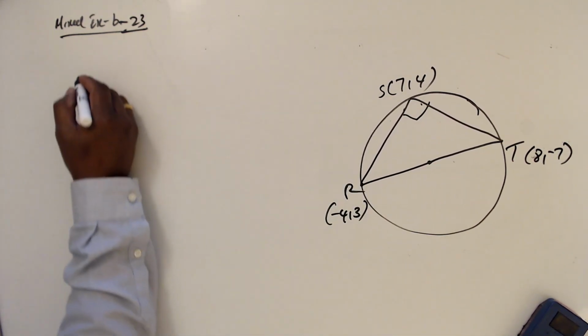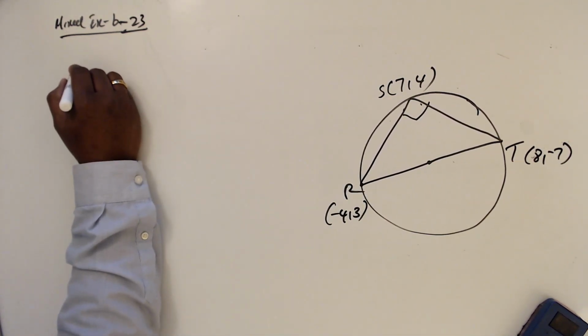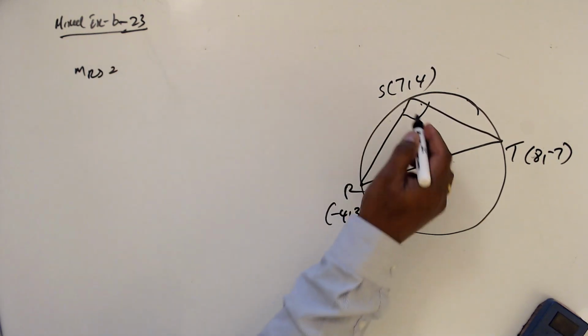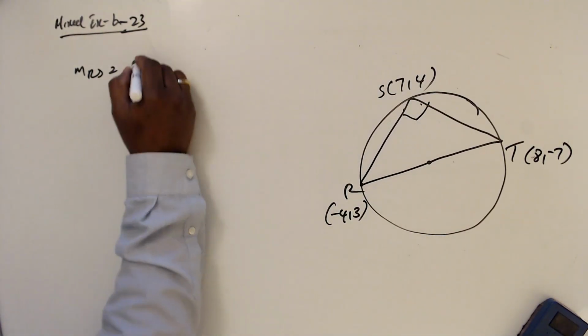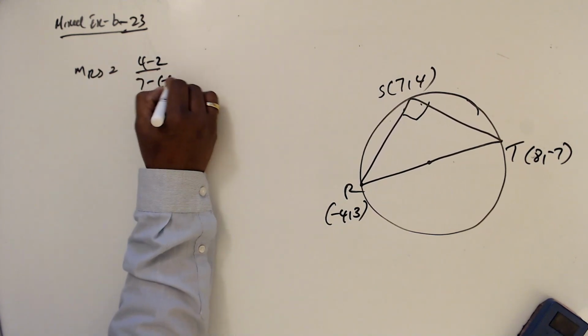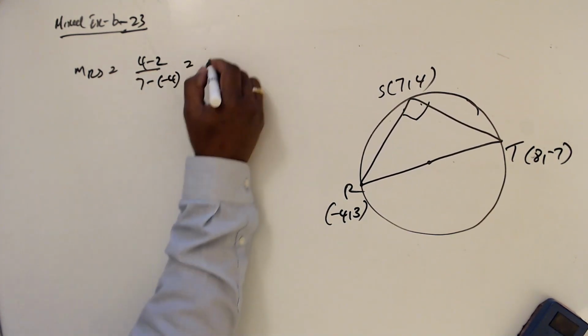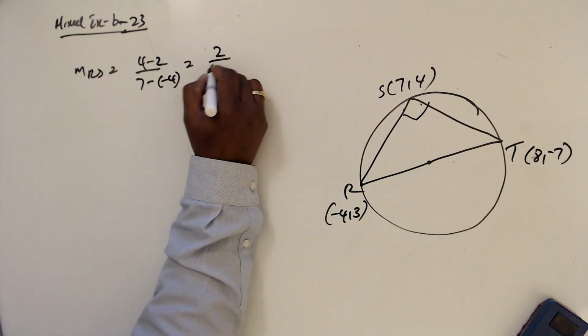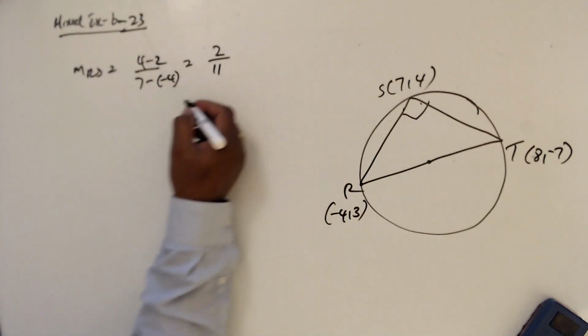So I'll stay with that. Gradient of RS is y1 minus y2, 4 minus 3, over x1 minus x2, minus 4. This is going to be 2 and this is going to be 11. This is 2 over 11.